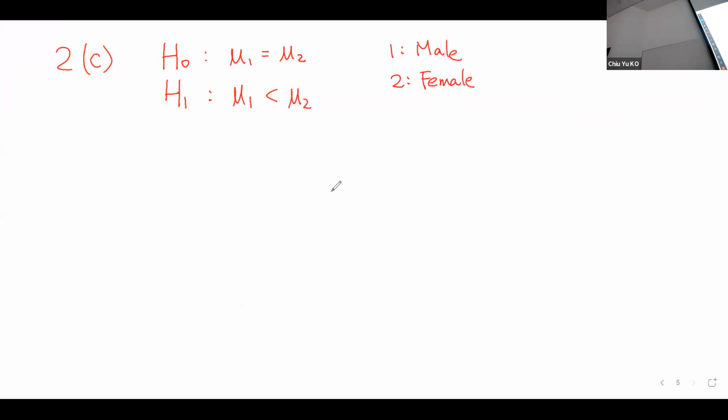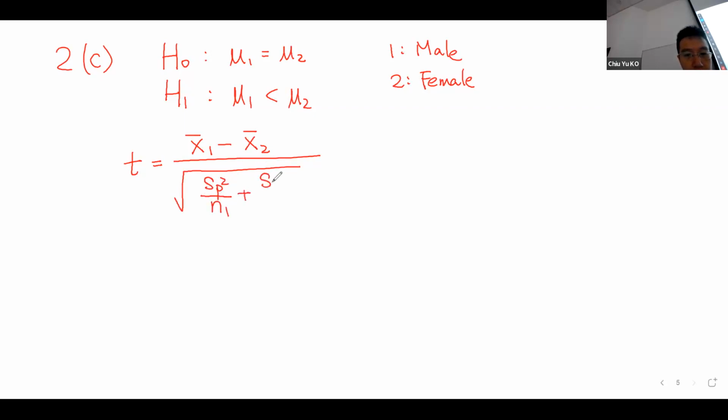So this is a 2-sample t-test with equal variance. The formula you have is like this. The test statistic you can calculate, because equal variance, that's what you have. That actually follows a t with n1 plus n2 minus 2 degrees of freedom.